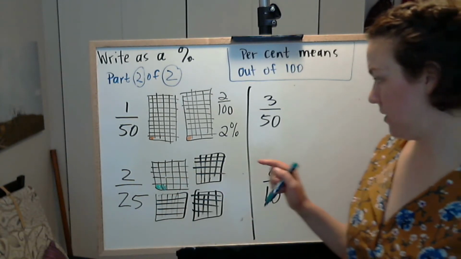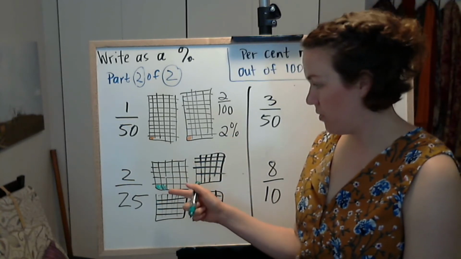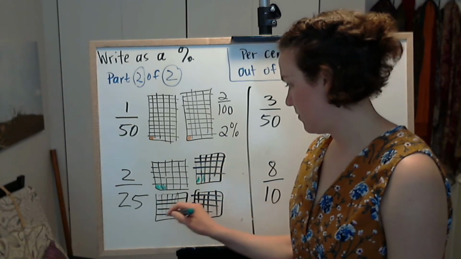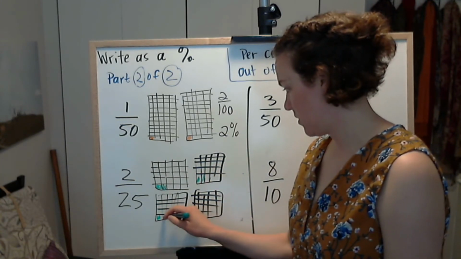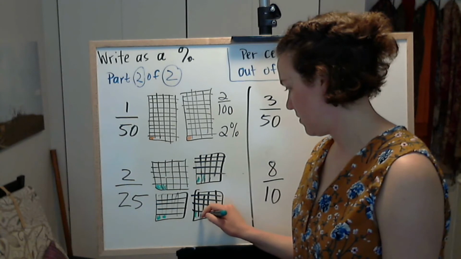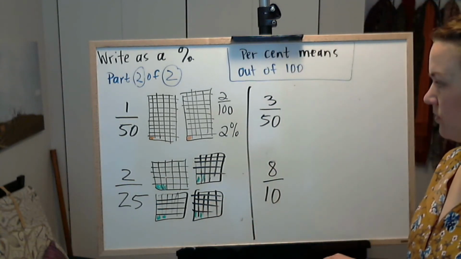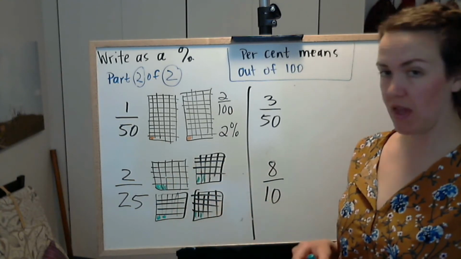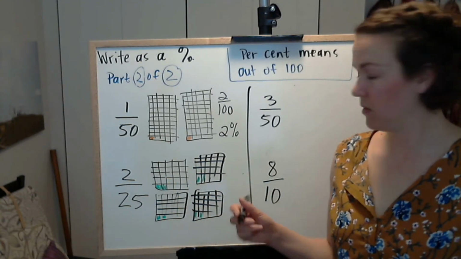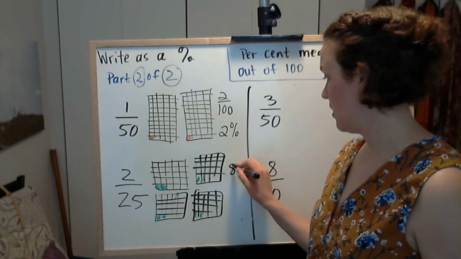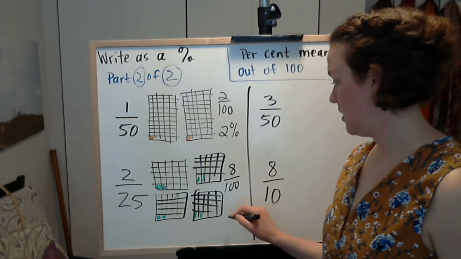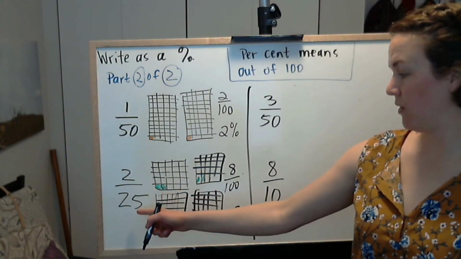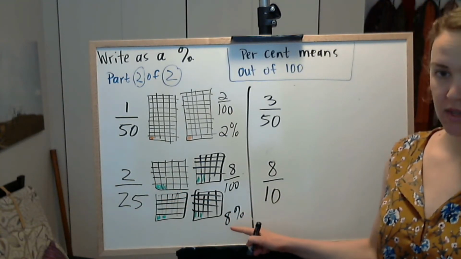And to keep the ratio the same, or the percentage the same, I have to put 2 colored ones in each. So now I've got 100 squares and 2, 4, 6, 8 colored in, which means I have 8 out of 100 and that is 8%. So 2 out of 25 is equivalent to 8%.